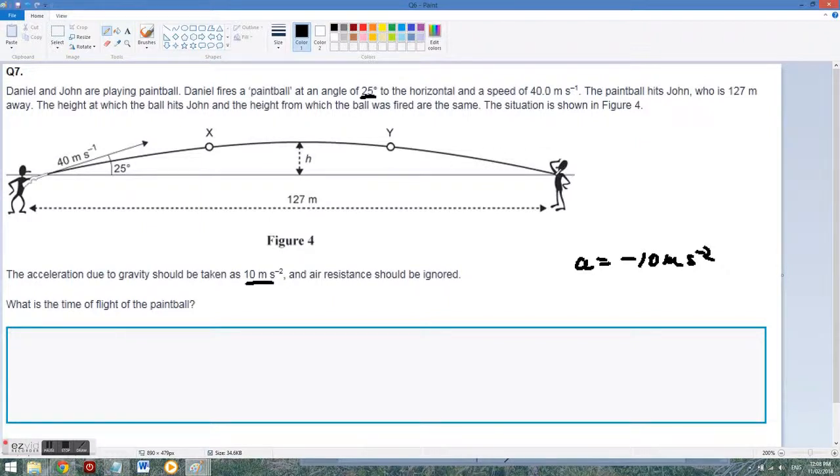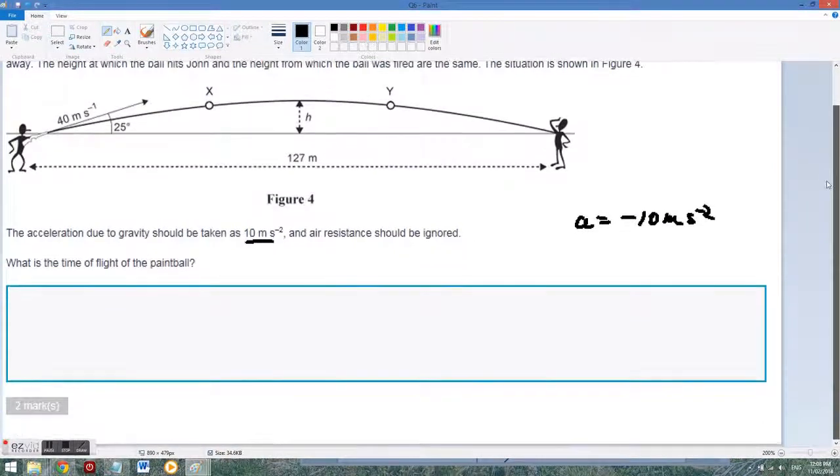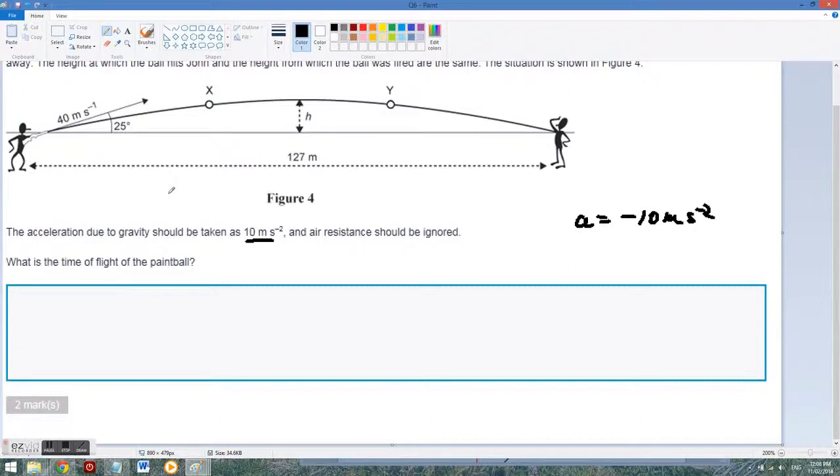Okay, now, the pinball traveled 127 meters horizontally. So we need to find the time.